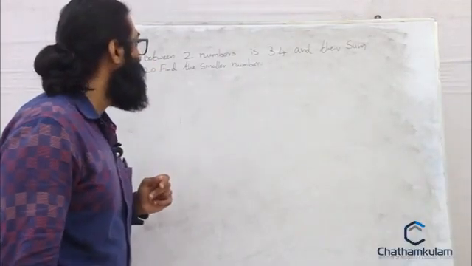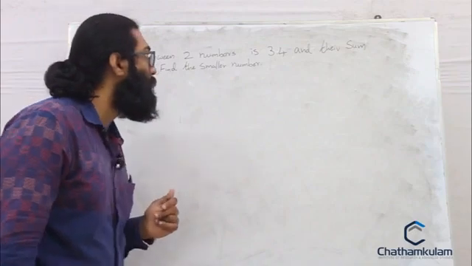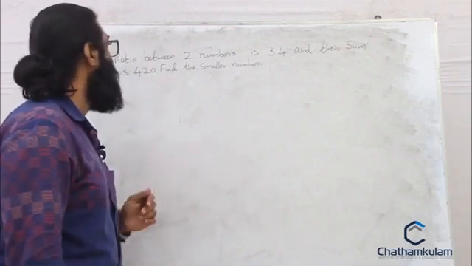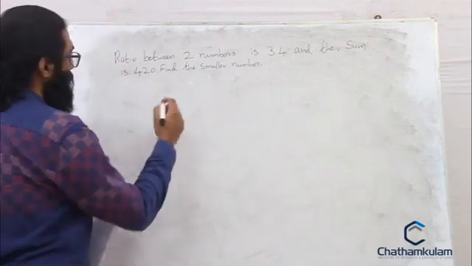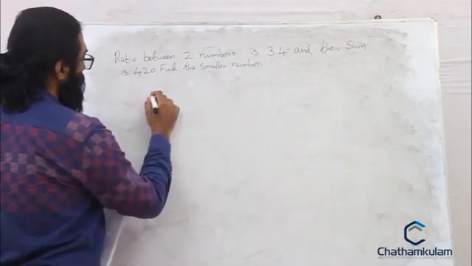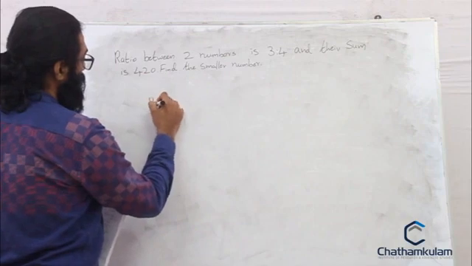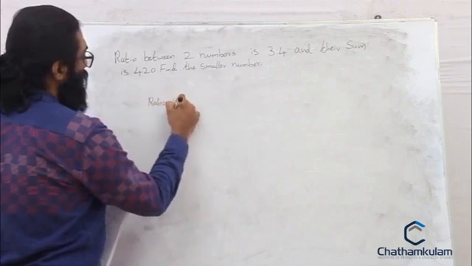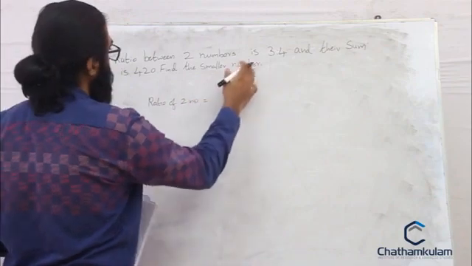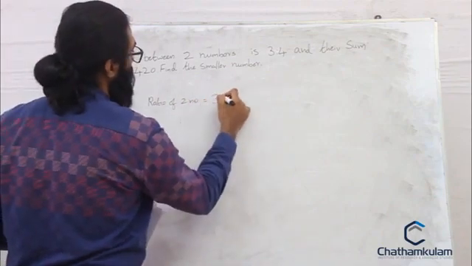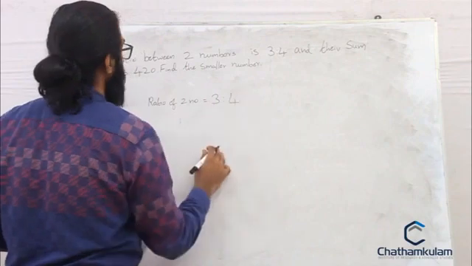The ratio between two numbers is 3:4 and their sum is 420. Find the smaller number. What is given in the question is the ratio of two numbers is 3:4, right?